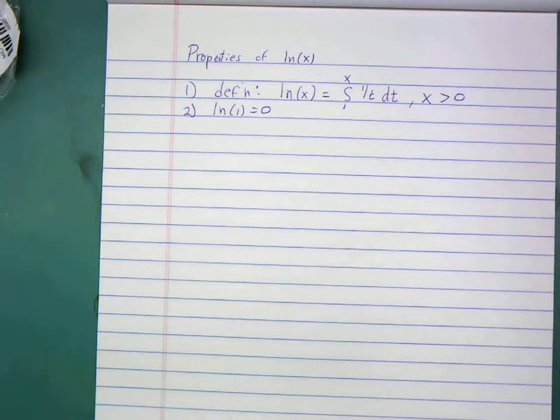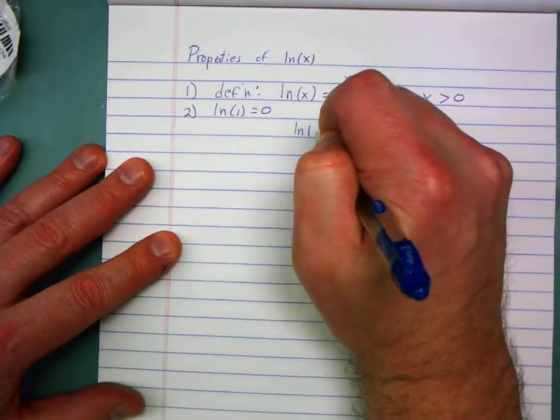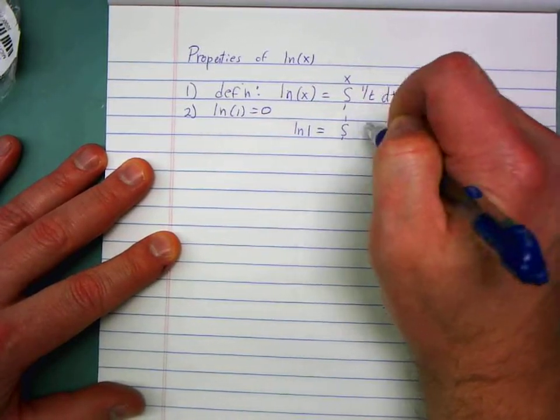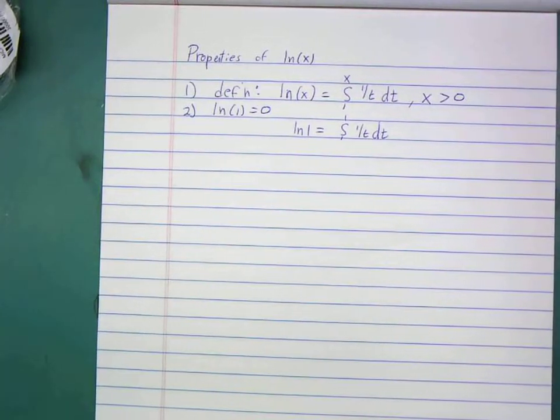Can anybody tell me why ln of 1 has to be the number 0? Because your start and end point is the same. ln of 1 would be the integral from 1 to 1 of 1 over t dt. And this was one of our properties of integrals from Calc 1. What happens when your lower bound and your upper bound are exactly the same? The integral is 0.